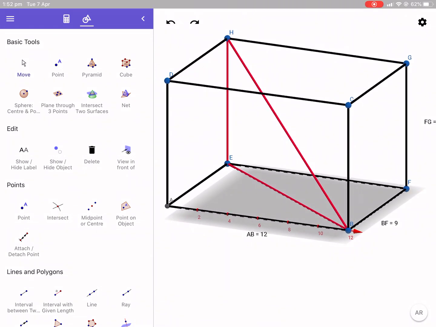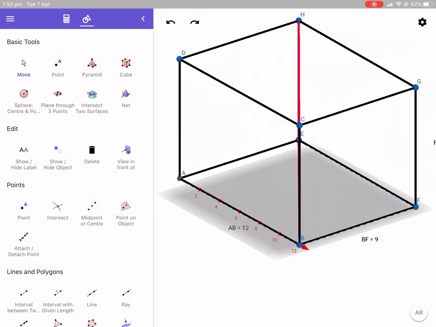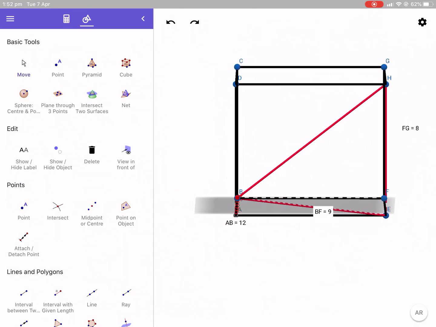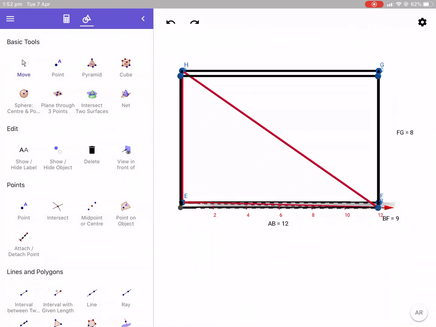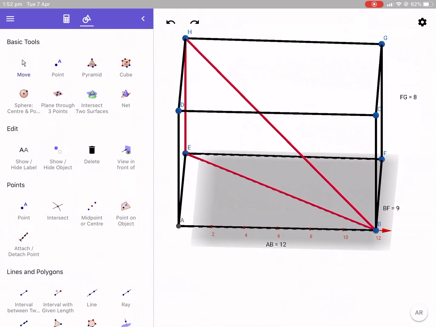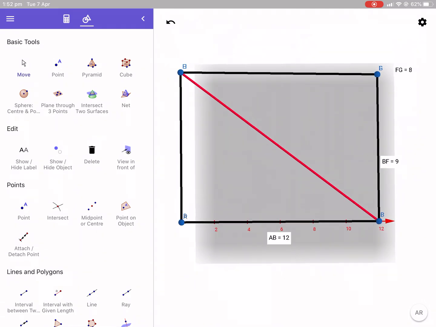We need to make a 2D triangle out of this to be able to do that. Is it going to make sense to do a 2D triangle that way? No, because I can't see BD. This way? No, I can't see BD. This way? Yeah, I'd say that's the best way to do it.